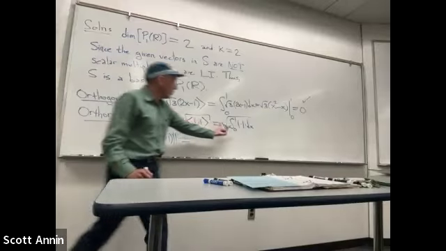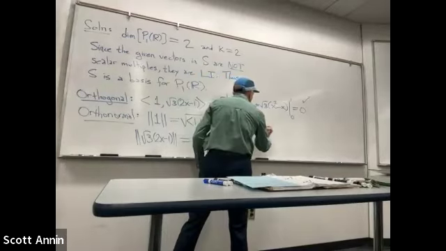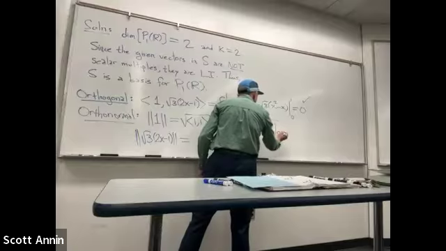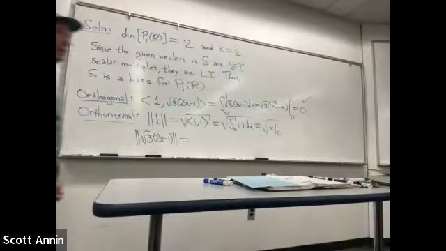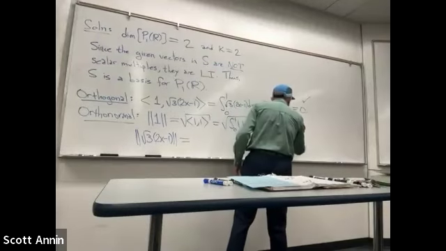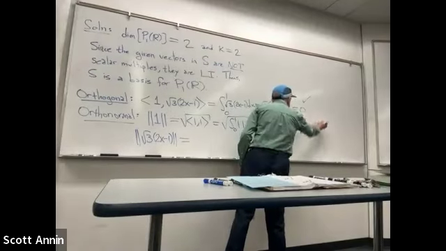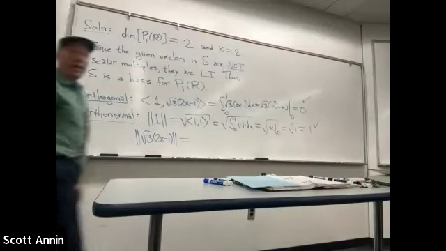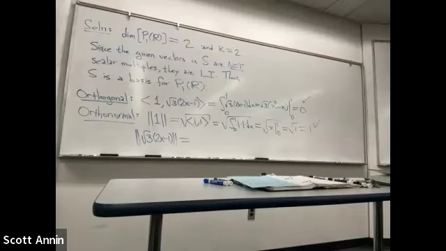Okay. Now the integral of dx is just x, and I'm going to evaluate that from 0 up to 1. And of course, this is a simple calculation. You just end up getting a 1 out of that. Okay, so that is a unit vector, right? If the norm of a vector is 1, we call it a unit vector. So far, so good?